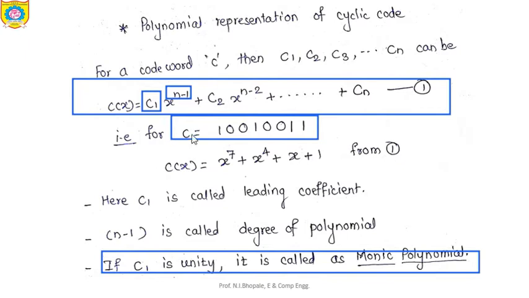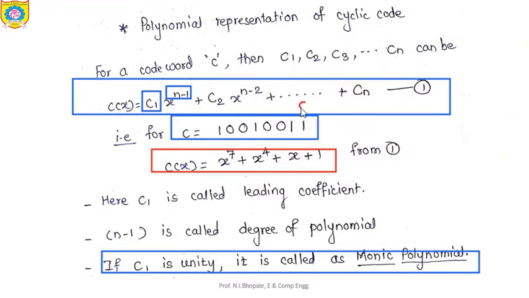Now let's analyze how to formulate this code word and the related polynomial. This is the code word right now available with us: 1 0 0 1 0 0 1 1. Let me count the positions from 0.